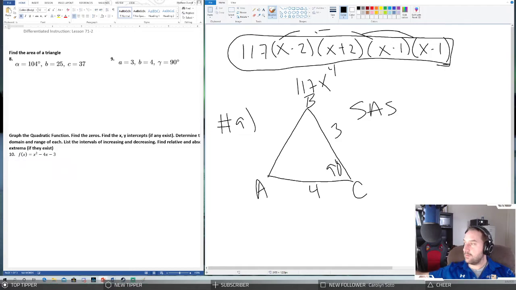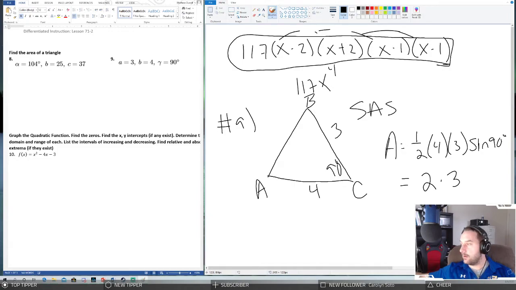So this is going to be area equals 1/2 my two sides times the sine of 90 degrees. Well, 1/2 times 4 is 2. Sine of 90 degrees is 1. So that gives me 6. And it doesn't give me any measurements, so I'll just say units squared.